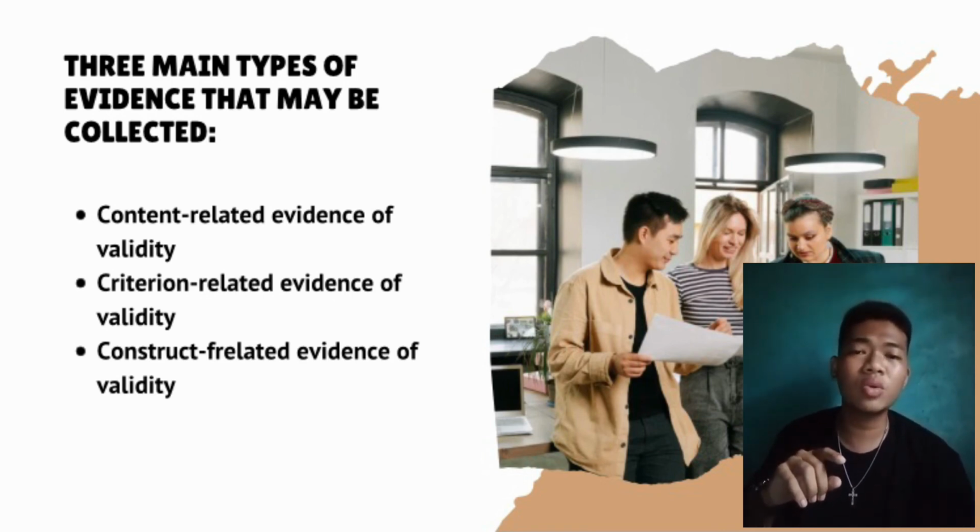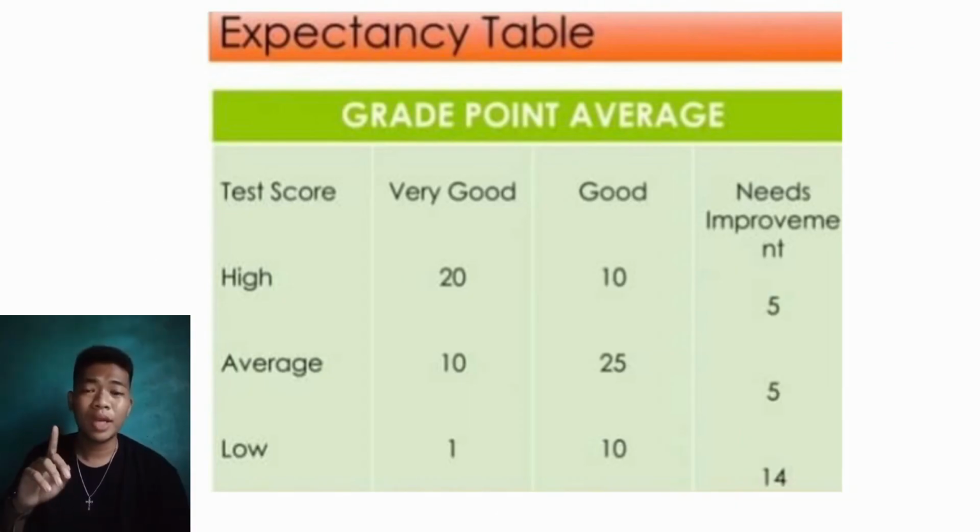So we are now going to the next slide, which is the expectancy table. Sa table na ito, kung saan gagamit tayo ng grade point average. So ano nga ba ito? Grading in education, ito naman yung process kung paano tayo magmarka sa ating mga student. Dito sinasabi, it is the process of applying standardized measurements of varying levels of achievement in a course.